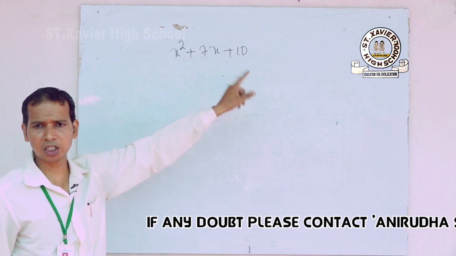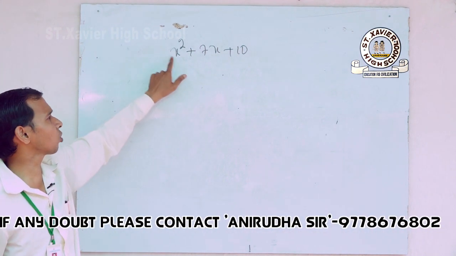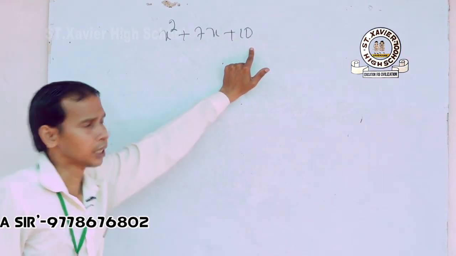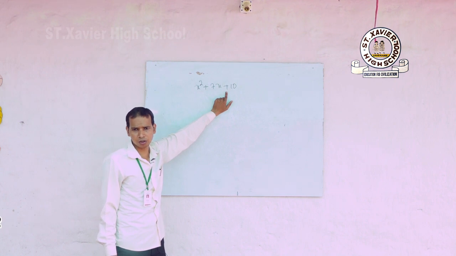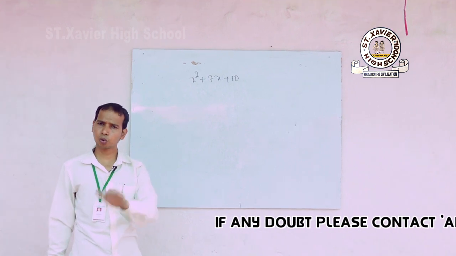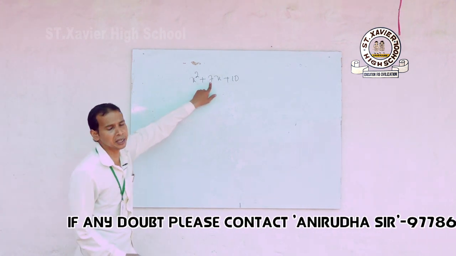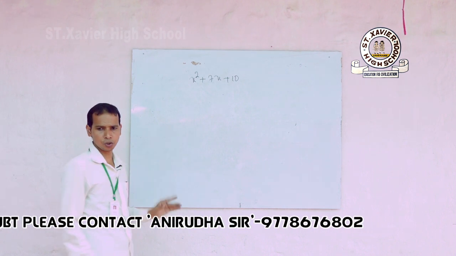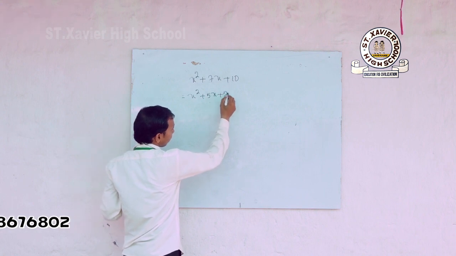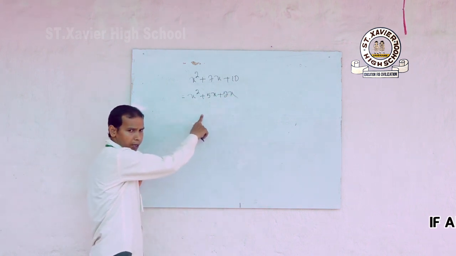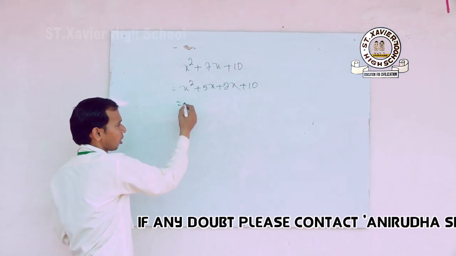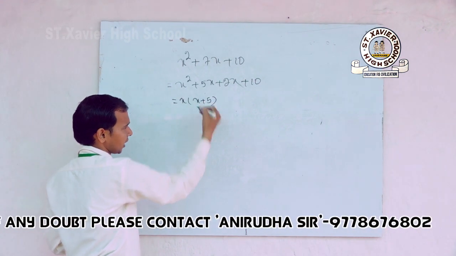So first into last and splitting the middle term factor: the coefficient of x square is 1, multiplied by 10, 1 into 10 is 10. The sign before 10 here is plus, so you take two numbers whose product is 10 and sum is 7: 5 and 2, 5 times 2 is 10, 5 plus 2 is 7. So we split 7x as 5x plus 2x. Now x square plus 5x plus 2x plus 10. From the first two terms we take x common, and after taking x common you get x plus 5.